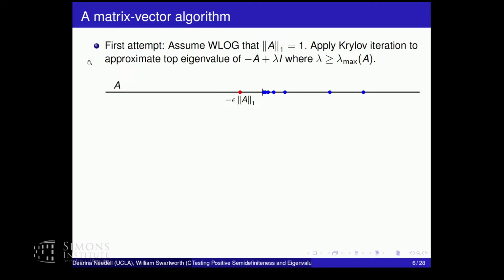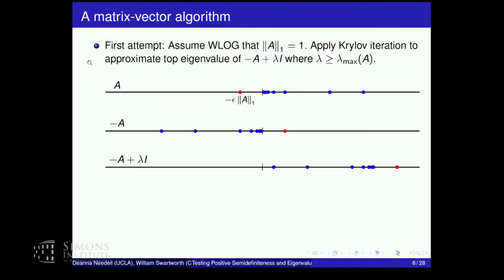Here's 0, and A might have a lot of positive eigenvalues. In fact, it might be PSD. Or there might be this red negative eigenvalue. And we want to know if this exists or not. So how can we figure out if it exists? We can look at minus A. That'll flip the spectrum around 0. So now it looks like this.